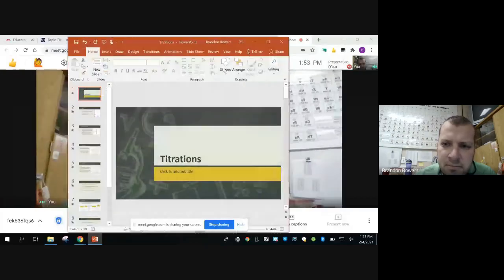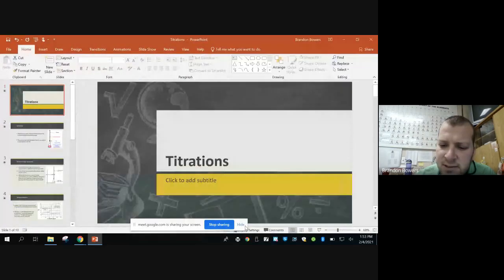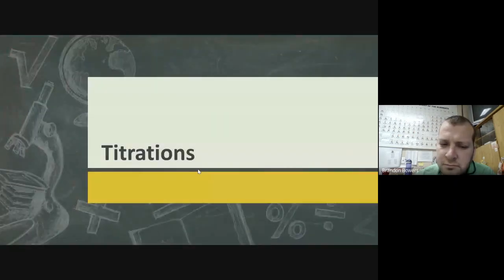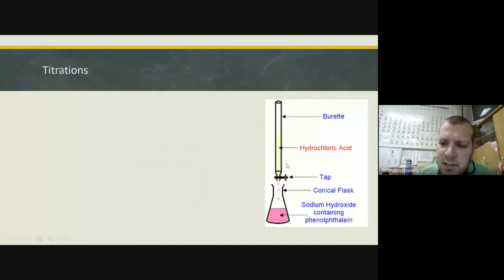So today we're just going to take a little bit of notes about titrations. This is a sample of what a titration lab would look like. You've got a tube called a burette, you've got hydrochloric acid, and then you have an acid in the tube, and down here you have a base with some indicator, phenolphthalein.